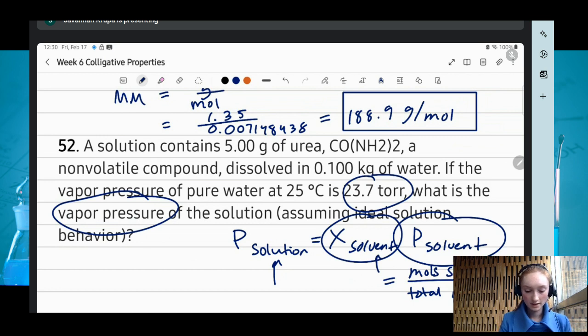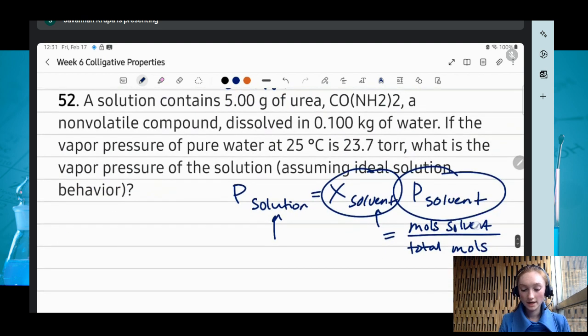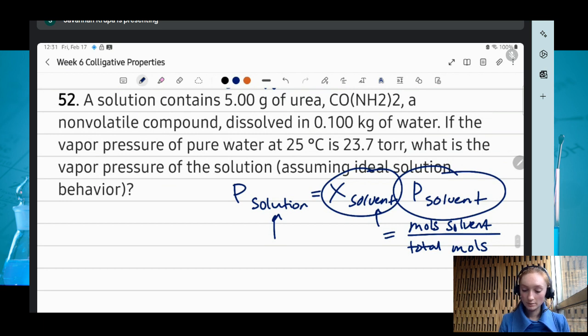The water is the solvent here, and the compound, the urea, is going to be the solute. So all we have to do is find the mole fraction and then multiply it by the P solvent, and we already have that. To find the moles of solvent and the total moles, we need to convert the mass of water and also the urea into moles.